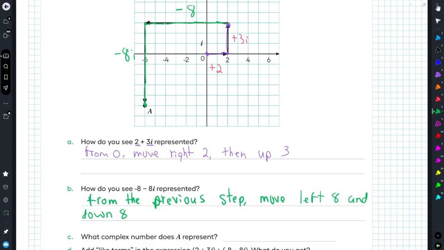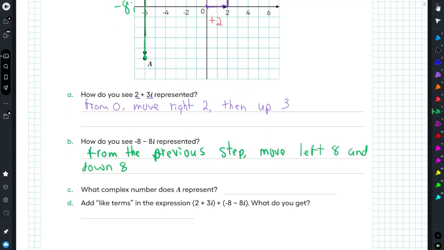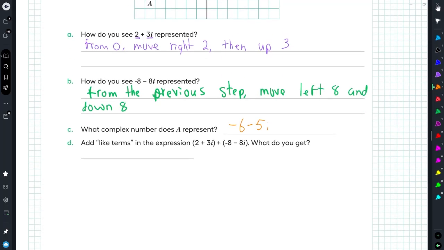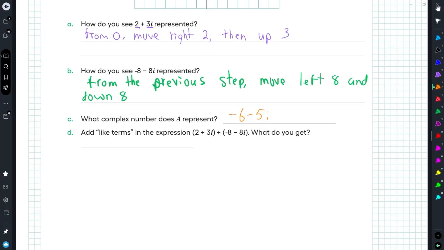What complex number does A represent? We wrote that on the previous page. That was negative 6 minus 5i. Okay. And letter D, add like terms in the expression 2 plus 3i plus negative 8 minus 8i.